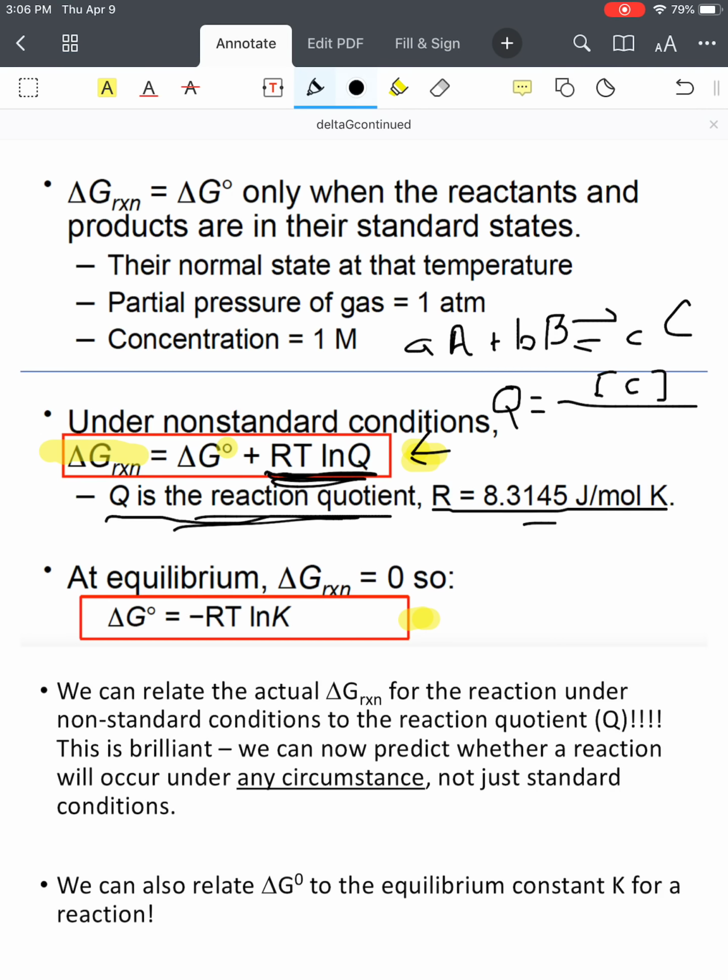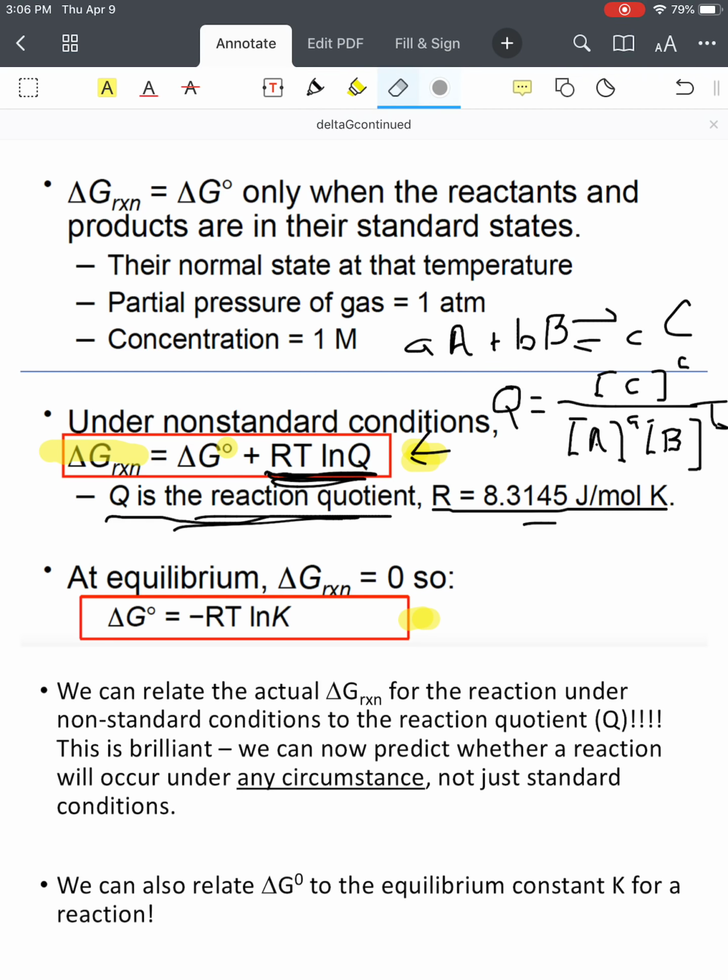It was the concentration of C raised to the power lowercase c divided by concentration of A, these could also be partial pressures too, times the concentration of B, raised to the stoichiometric coefficients. Remember that discussion. So this reaction quotient is coming back into play.